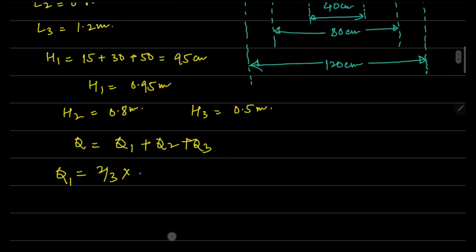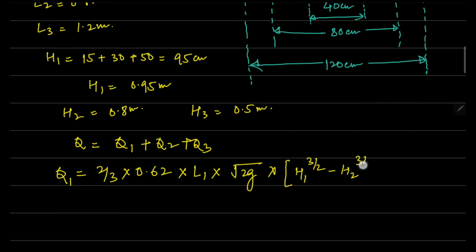So without any confusion, we can write 0.62 multiplied by L1, multiplied by under root 2g, multiplied by H1 raised to the power 3 by 2 minus H2 raised to the power 3 by 2. Now we'll put all the values.